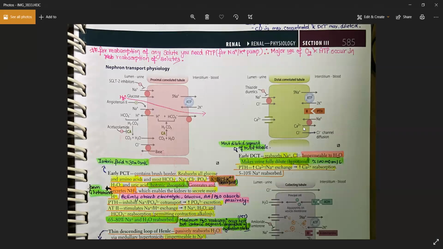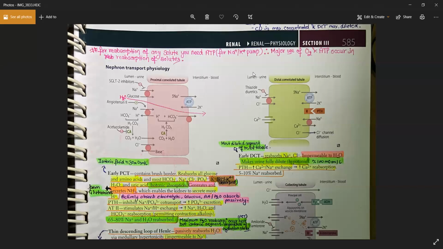Now, you also have the chloride channels that will cause the reabsorption of chloride here. Doesn't matter whatever the concentration of water in your body is, you will always have maximally diluted urine in this portion. PTH acts here, it will cause a reabsorption of calcium also. If you give the patient thiazide diuretics, you will have more absorption of calcium.